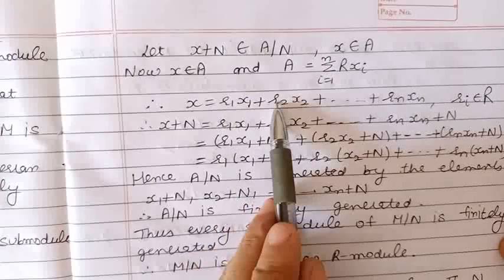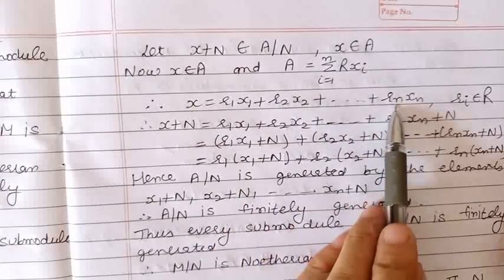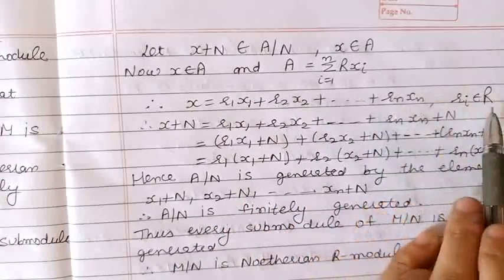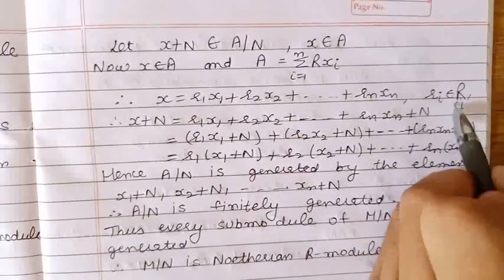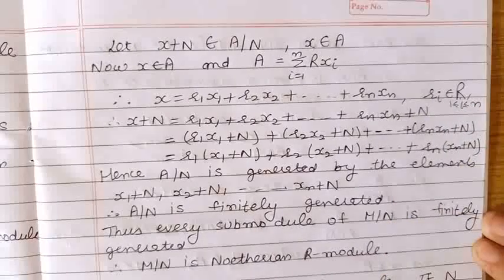Here these r1, r2, r3 and so on up to rn are the coefficients from the ring R. Here i varies from 1 to n.